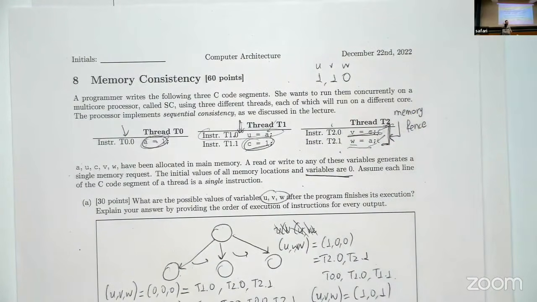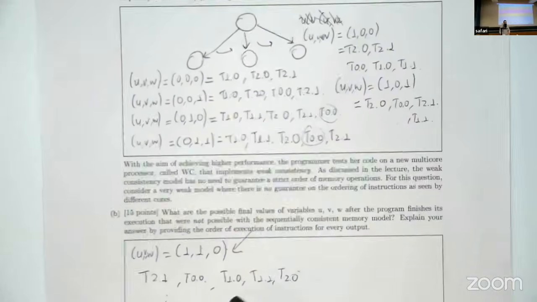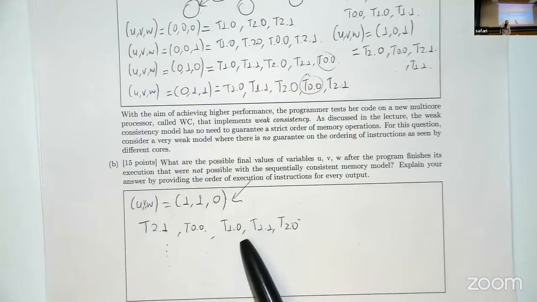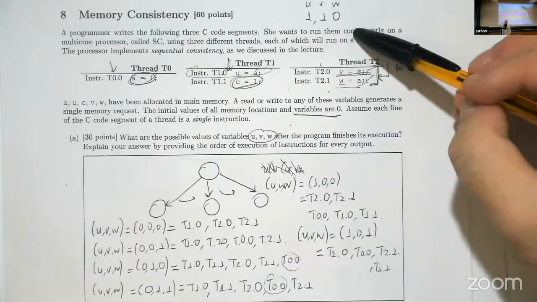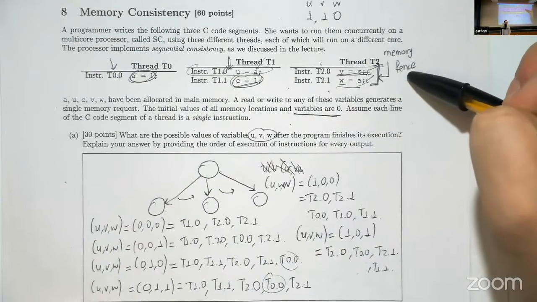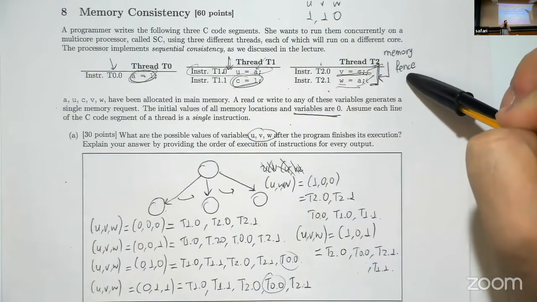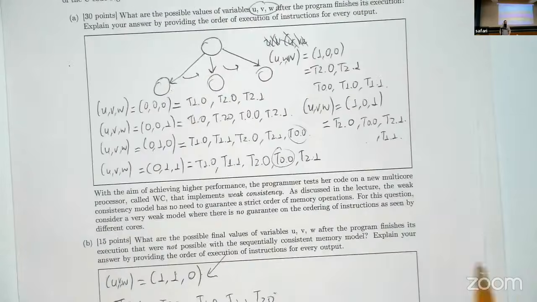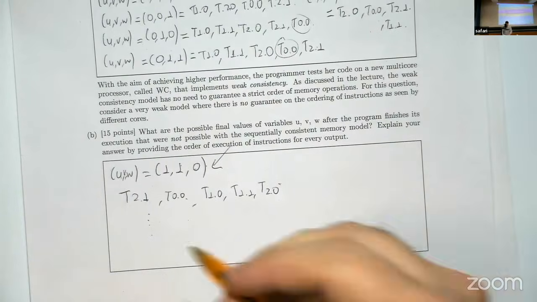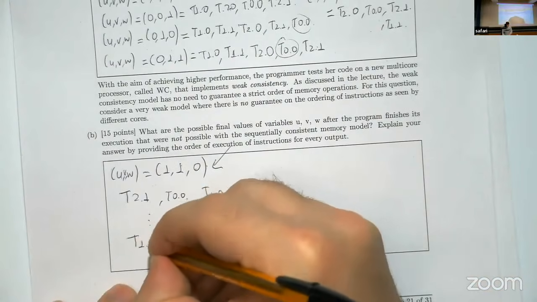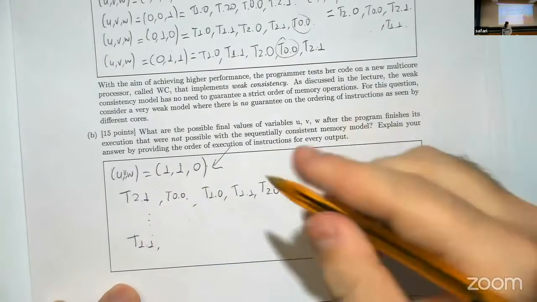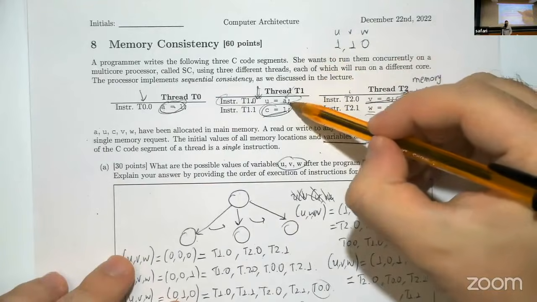There is one more case, which I didn't show before because, as I said, you will get the full points for this one. But this is not the only way to reach this. So I might have a memory fence here and still be able to break the consistency. I will show you right now how. So I can execute T11, which is C equals 1.